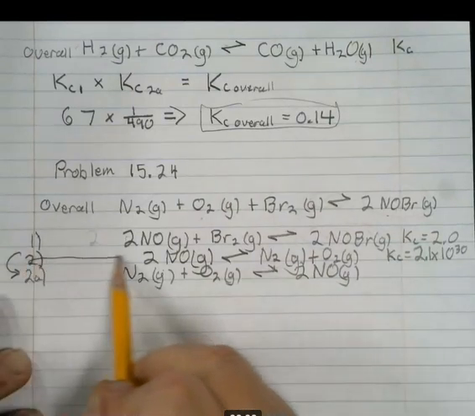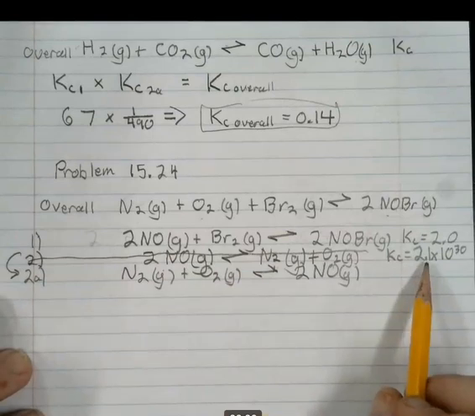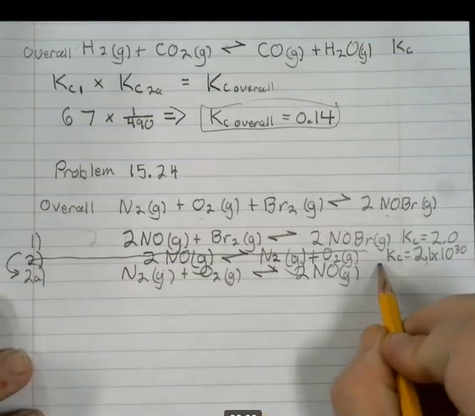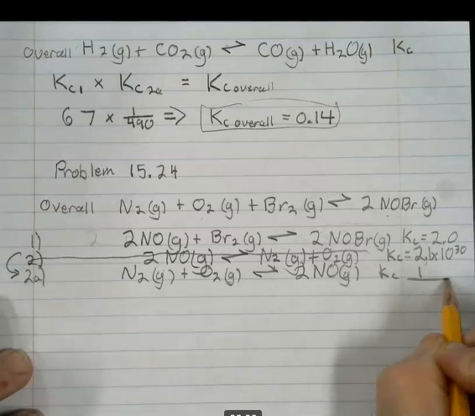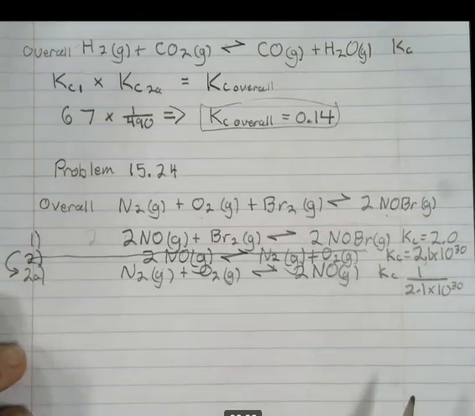Okay, so we're done with 2, so put a line through it. Now what you have to do is take the reciprocal of this. So I'm just going to call that for right now 1 over 2.1 times 10 to the 30th. That's a really small number.